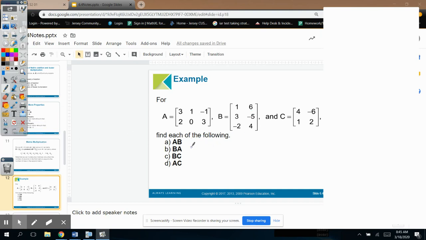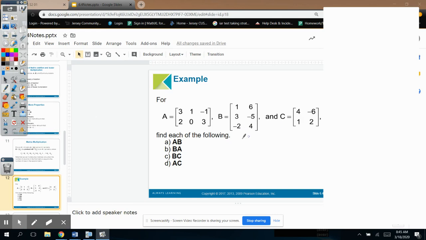Well, B, we just said, is a 3 by 2. A is a 2 by 3. Match, the answer is yes, and the answer will be a 3 by 3. So you get a different size matrix if you multiply them in a different order. So they will not be the same answer if you change the order.